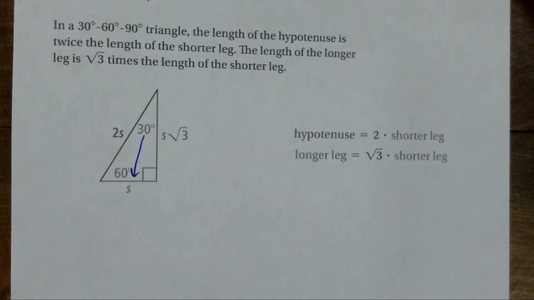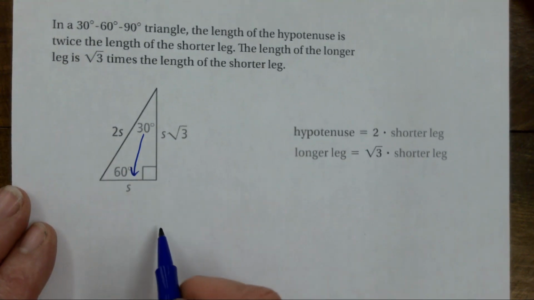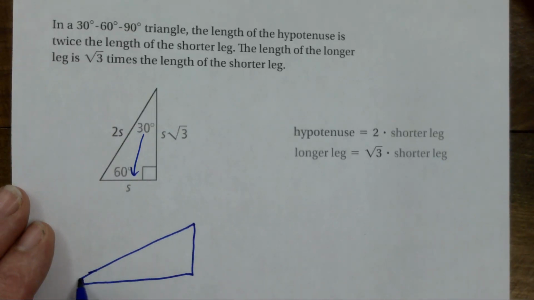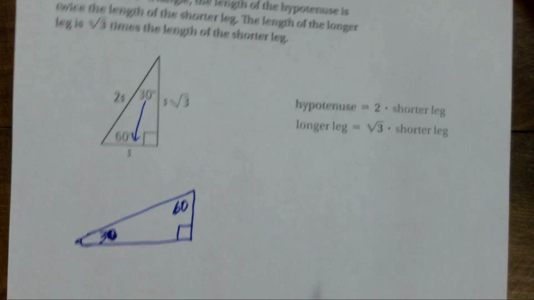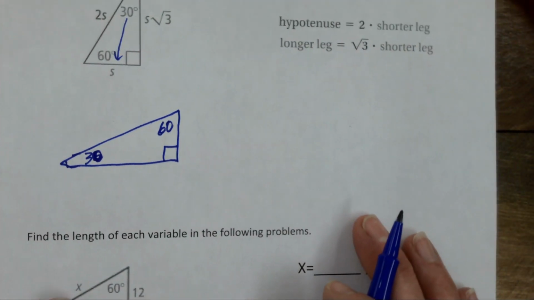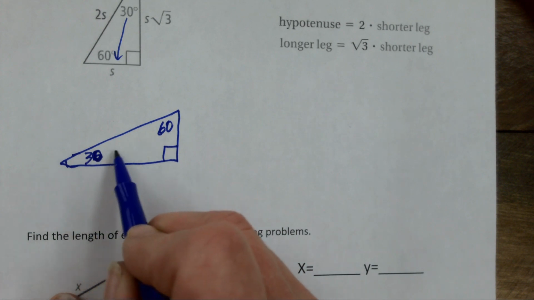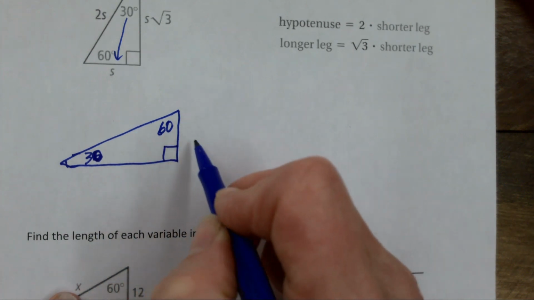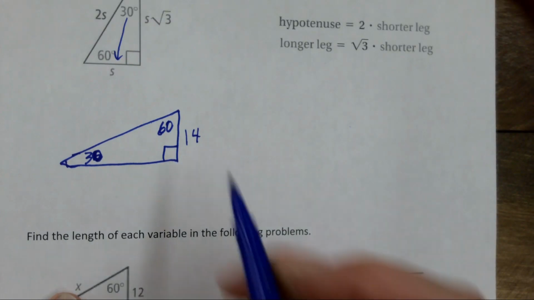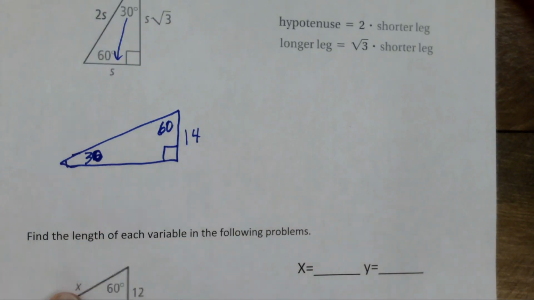So we can do a quick problem here. Let's do a quick little setup. If I give you a 30, 60, 90, I'm going to make it go different. Here's my 30, 60, 90 triangle. I'm going to lay it down this way. If I know the shortest side across from the smallest angle is 14, what's the hypotenuse?